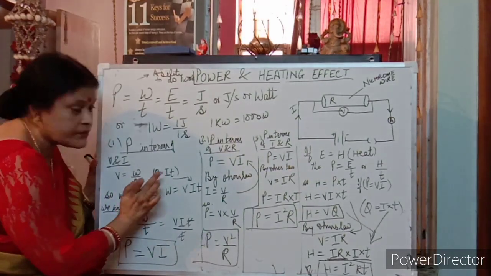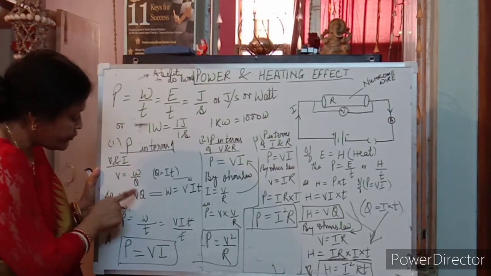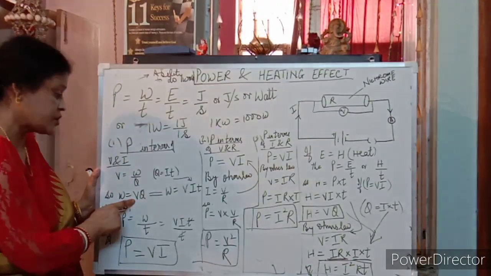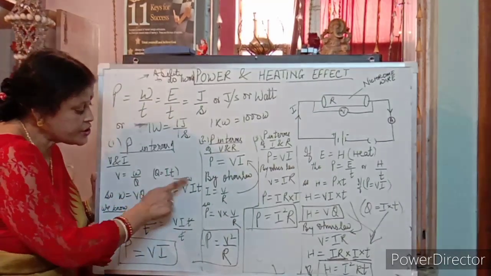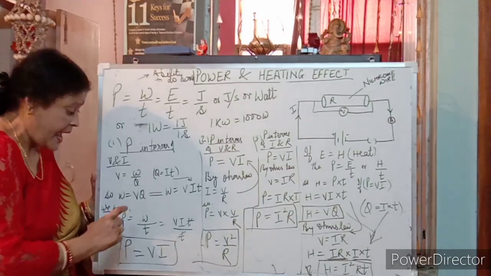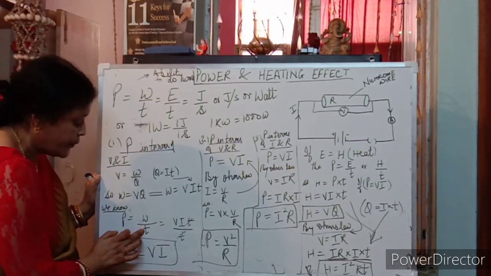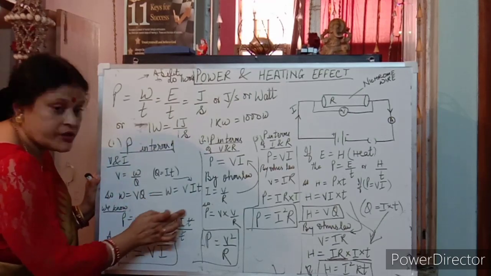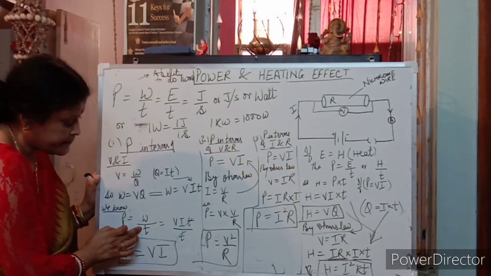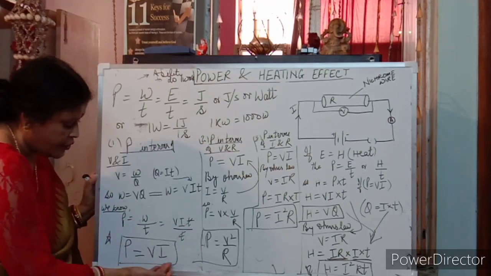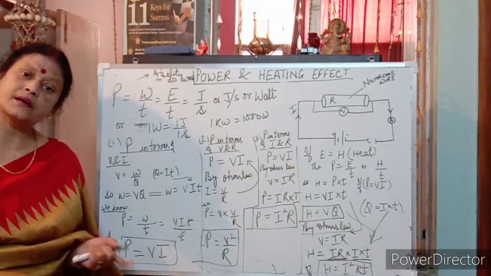We know that Q is equal to I into T. So W is equal to V into Q. Or we can also say, if Q is equal to I into T, then W is equal to V into I into T. And if I put this in P is equal to W upon T, instead of W I am writing VIT upon T. So T cancels, and we get the relationship between power, potential difference and current.